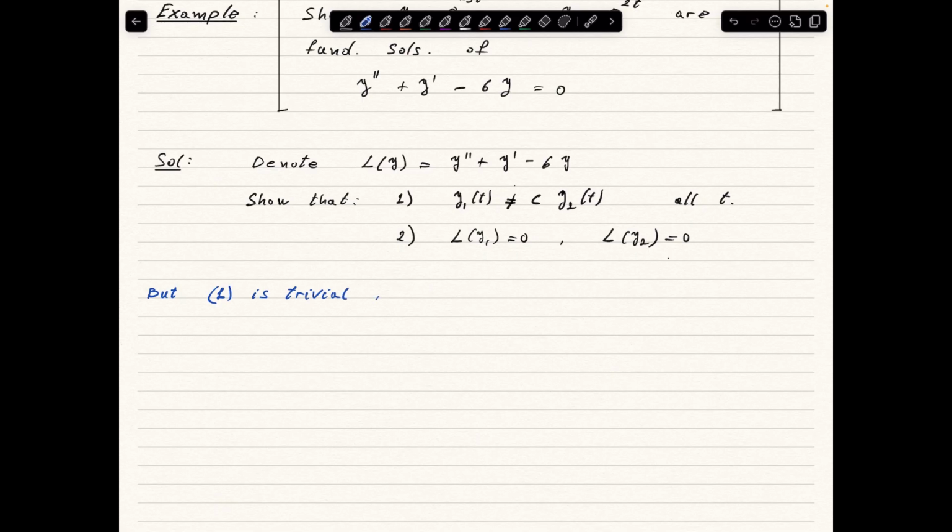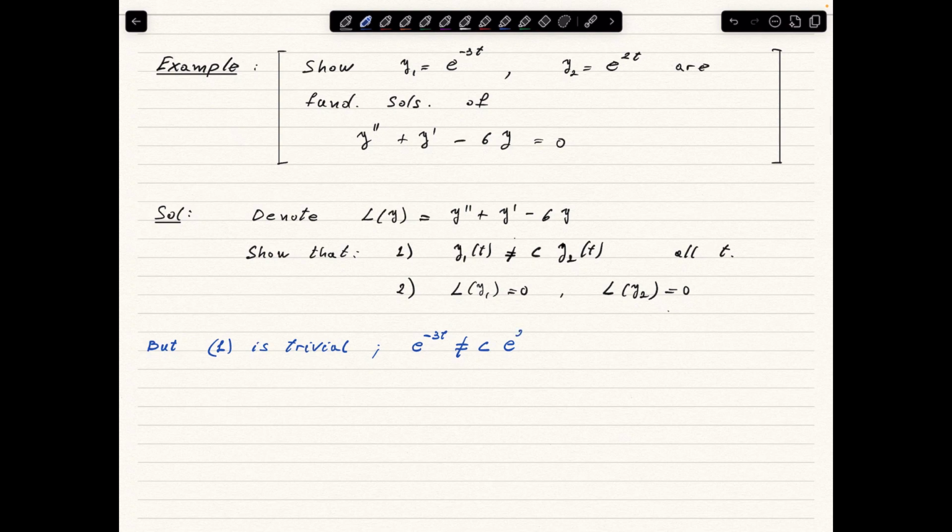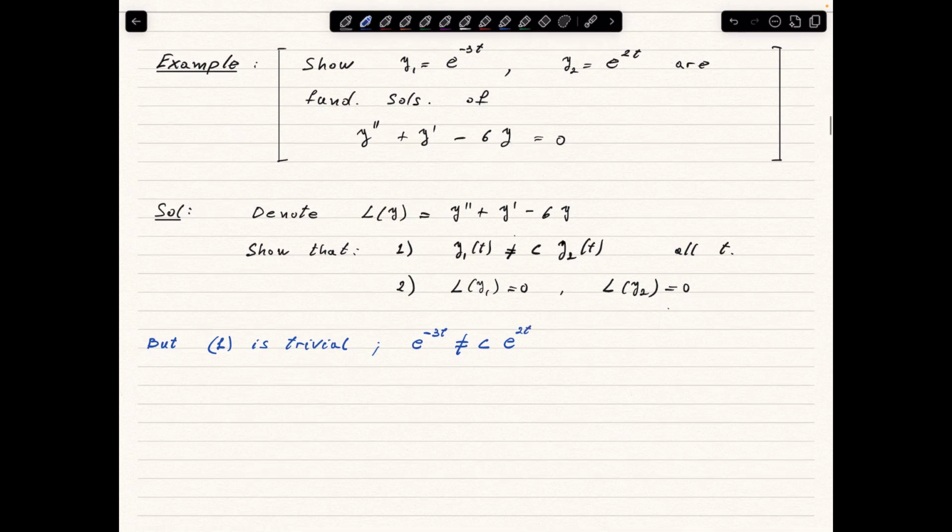Why is it trivial? Well, because it's pretty obvious that we can do the graph, for example, or evaluate: exponential negative 3t is not proportional to exponential 2t. It's very easy to see that.